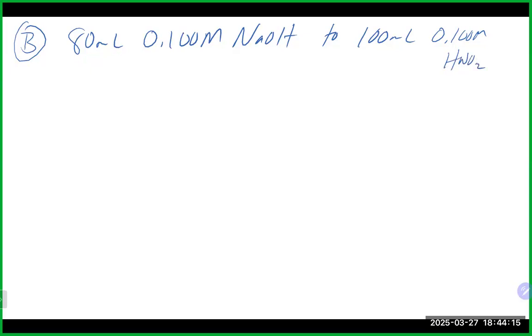So obviously here we're definitely doing our titration, so we need some moles. So we're going to do a 0.08 times 0.1, and that is going to give us our moles for our sodium hydroxide here.